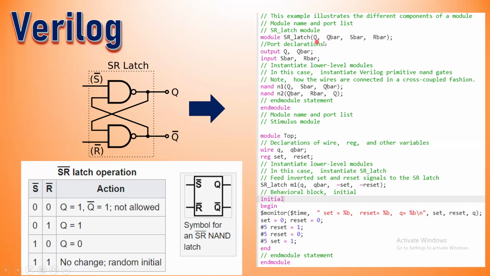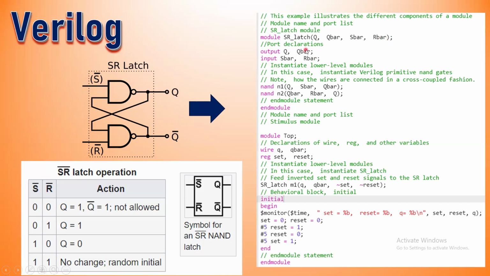I can also write S bar, R bar, and then Q, Q bar, or S bar, Q bar, R bar, whatever way you want to write. It's okay. Then I need to tell Verilog my input ports and output ports. Ports are the places where the inputs and outputs are going to be reflected. So I will declare the ports: output Q, Q bar, and input S bar, R bar, same as what I have written here. So this is a basic thing.